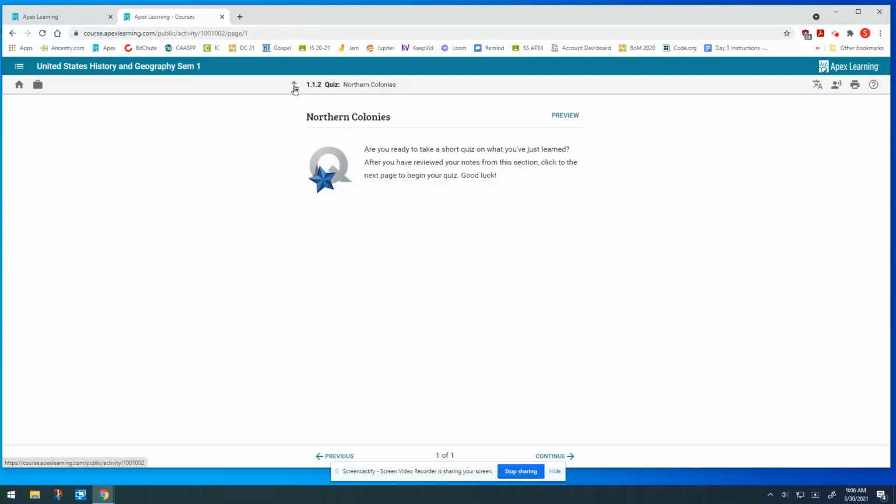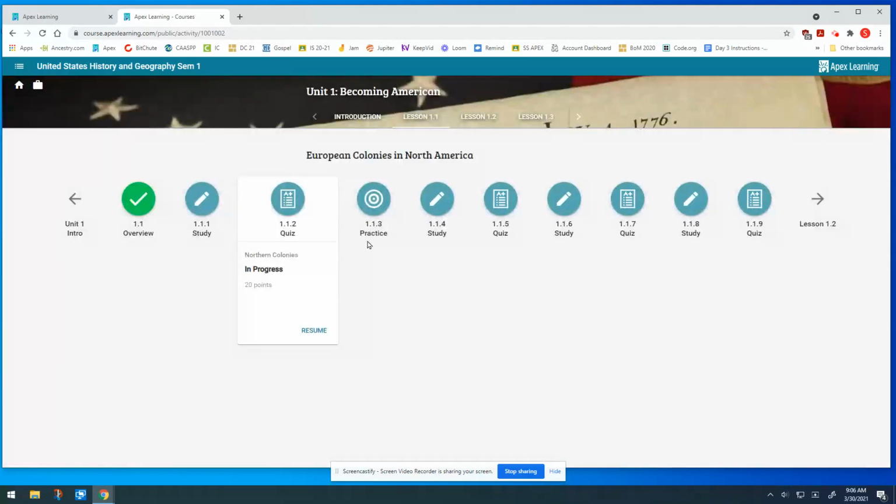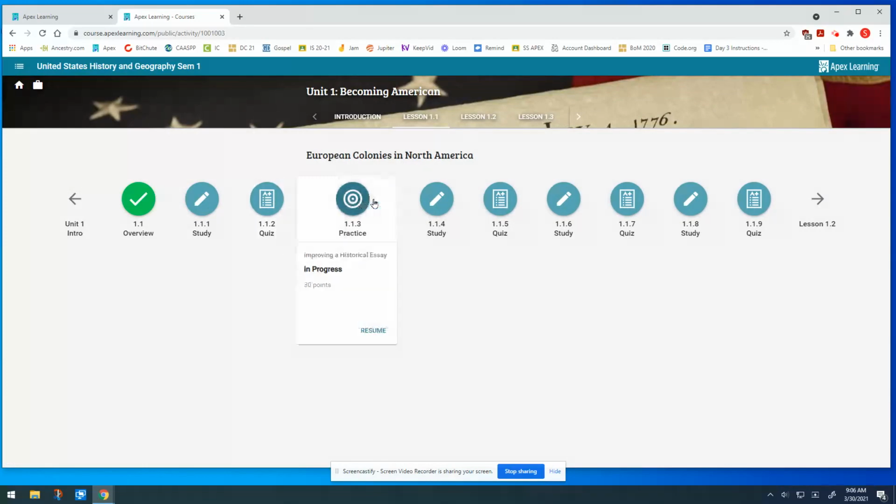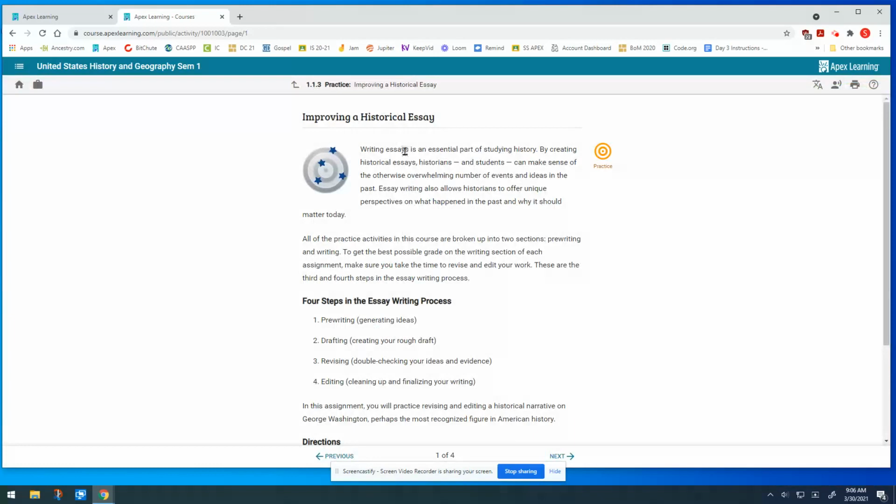So we're going to go back up here. And then as you go along, you're going to find, besides study guides and quizzes, you'll find practices, discussions, journals. And so right here, you're going to notice that there's 4 pages to help you understand how to do the practice. This is going to be an assignment that you hand in.